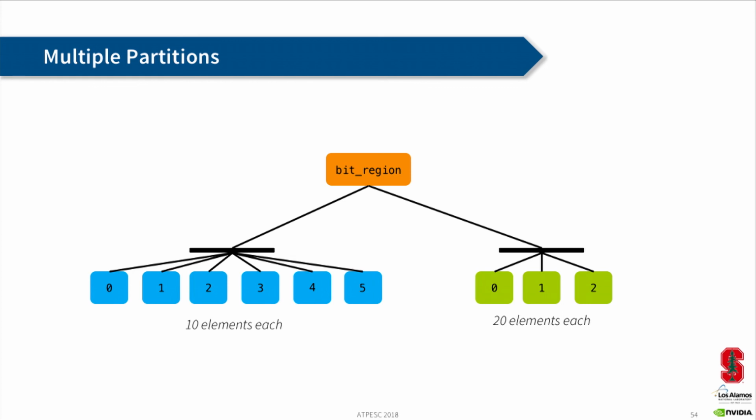So conceptually, if you write through the first partition and try to read the value using the second partition, all the updates will be made visible by the runtime on the second partition. Okay? And this is how we express the data movement between tasks.